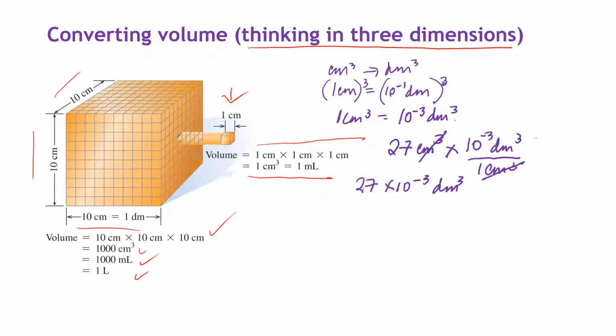And this is yet another way of saying 2.7 times 10 to the negative 2 decimeters cubed. And that's our answer. So object lesson here is don't forget to cube both the unit and the number when making these conversions.